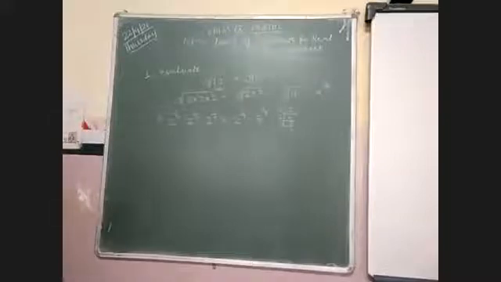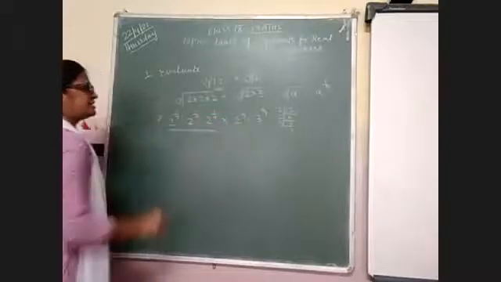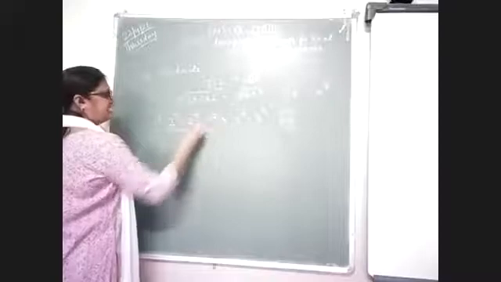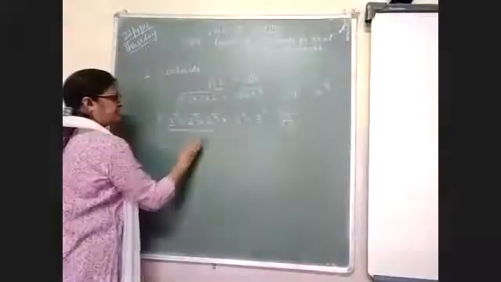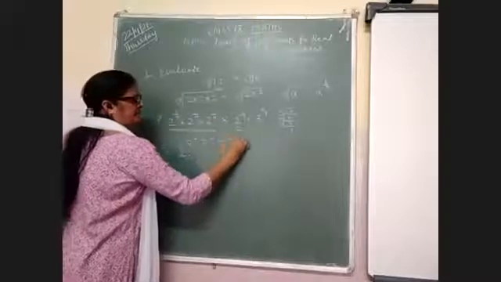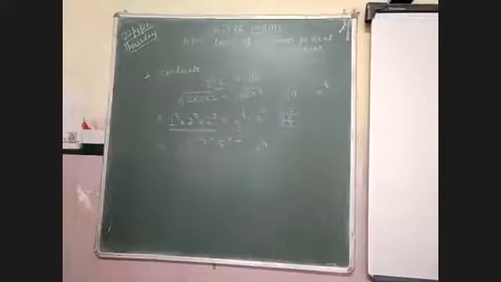Now when the bases are equal and the multiply sign is given, the powers are added, into 3 raised to the power 1 upon 7.